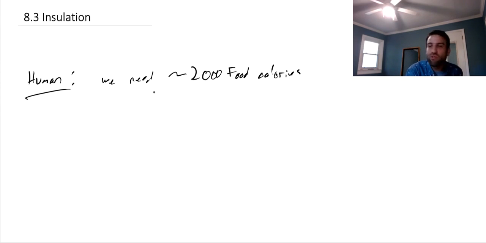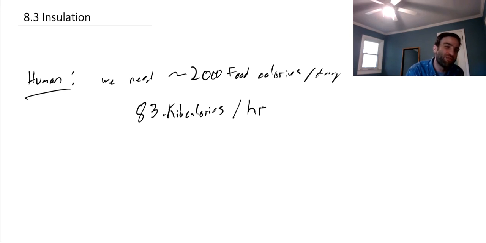So 2,000 food calories per day, that's like 83 kilocalories every hour. And if I convert this from kilocalories to joules per second, that's like 96 watts. Okay, so our bodies are constantly acting like 100-watt space heaters, basically.